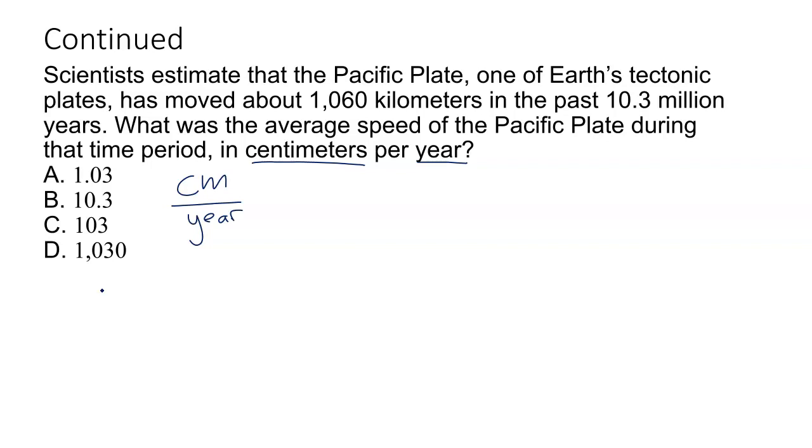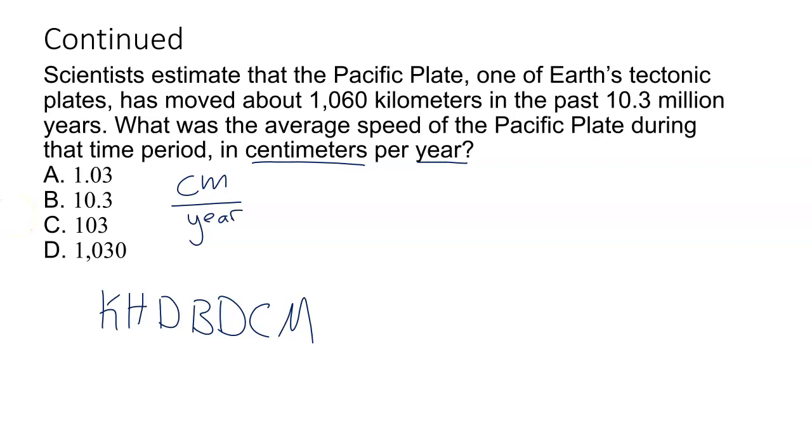Okay? Fun little mnemonic device if you don't know all of your metric prefixes. King Henry died by drinking chocolate milk. Those give you all the prefixes of the metric system. Kilo: kilometers, kiloliters, kilograms.